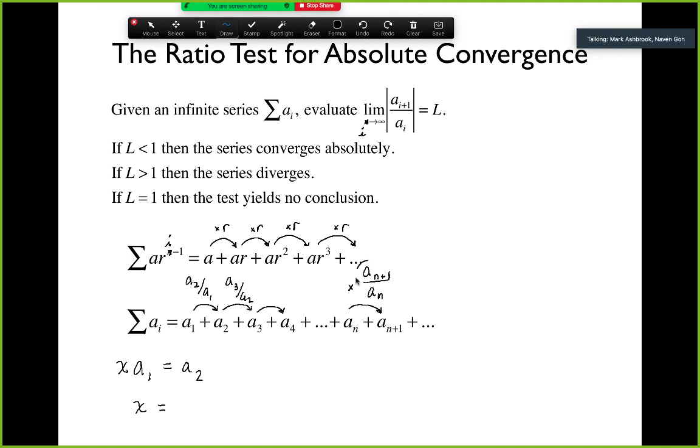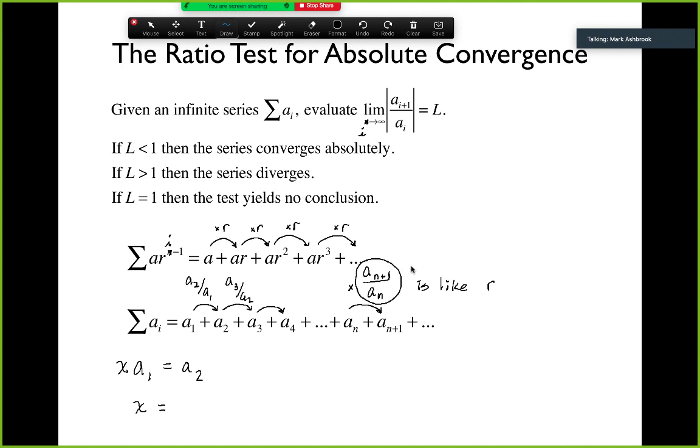So this ratio right here is like the value of r. The difference is it could change. With a geometric series, that r stays the same as you go. Here, these ratios are changing. a2 over a1 could be different than a3 over a2, and so every ratio could be different.